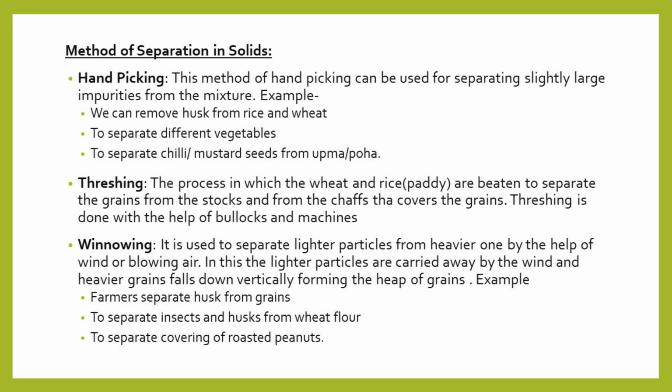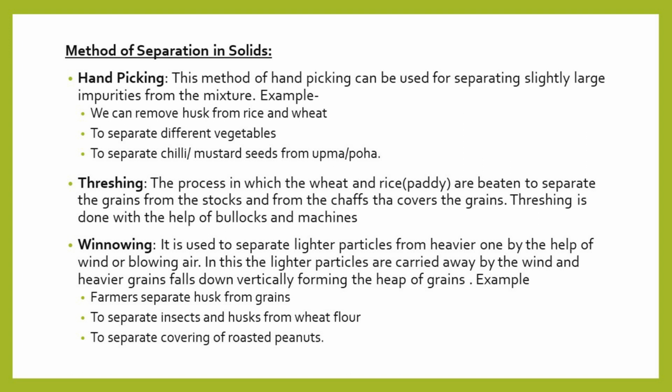The third method is winnowing. This method is generally used by the farmer to separate husks from grains. Farmers allow the mixture of grains and husks to fall down from a height.